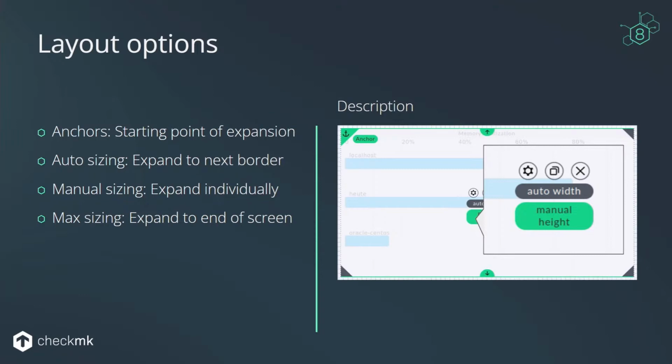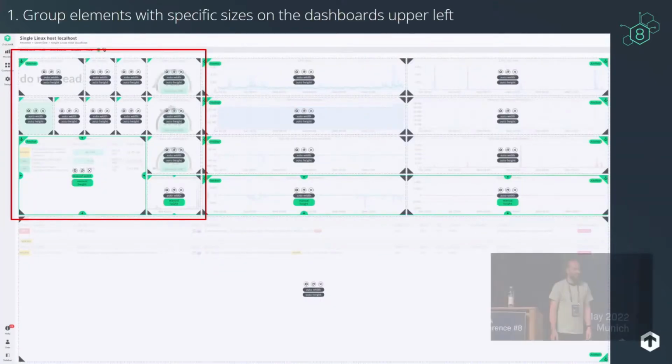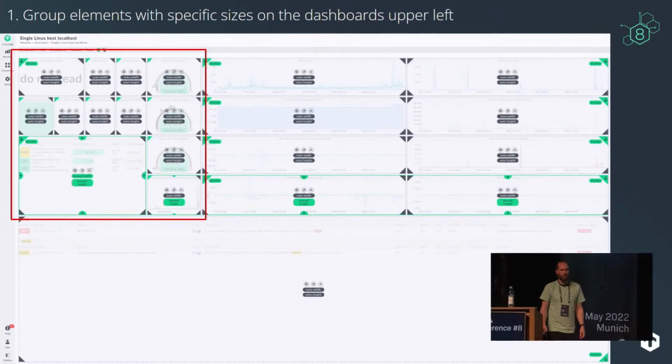And with that, I'm finally starting the 5 best practices. So keep focused. The first best practice is group. If you're building a dashboard, group your elements with specific sizes in the upper left of your dashboard. So these dashboard elements all have auto width and auto height, but they are limited by the next element from the right or from the bottom. And this is grouped by 2 things.